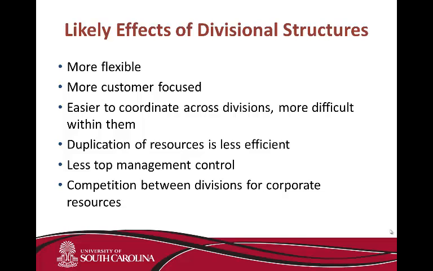Less top management control because top management isn't making all the decisions, and there may be competition between divisions for those corporate resources. So computers think they're more important than washing machines, so they fight for somebody up above to make a decision to give them more resources, thus limiting some degree of the cooperation that might occur between those units.